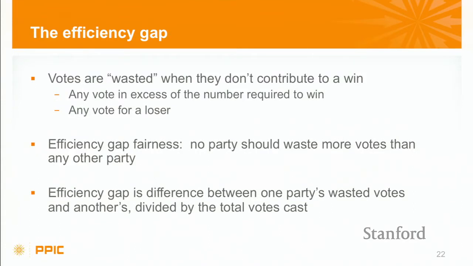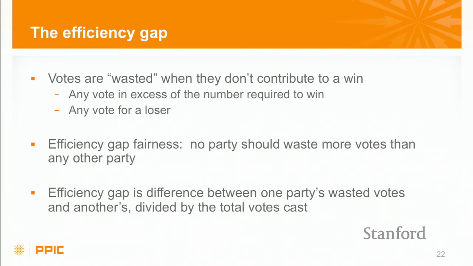The efficiency gap is the one that I came up with and offered to the courts, and it comes at this from a different direction. It says, all right, well, in a single-member district system, you have a certain number of votes that are wasted in the sense that they don't contribute directly to a victory. So you have the votes in excess of the number that you need to win, and any vote for a loser.